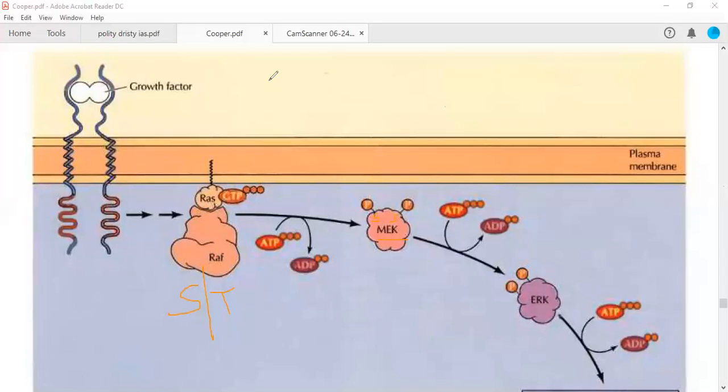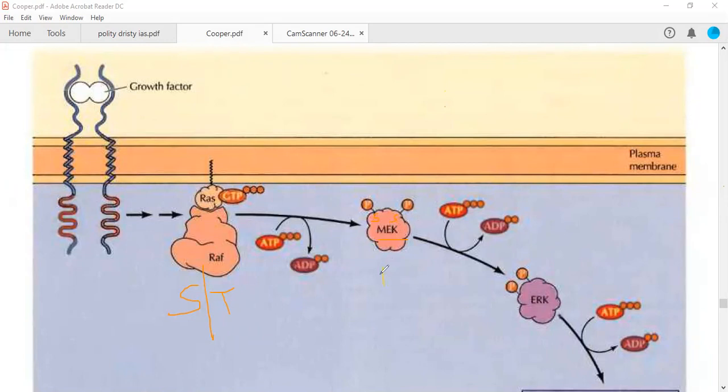Now it will result in the activation of MEK. Once this is activated, this is another protein kinase, but this is not a serine kinase now.